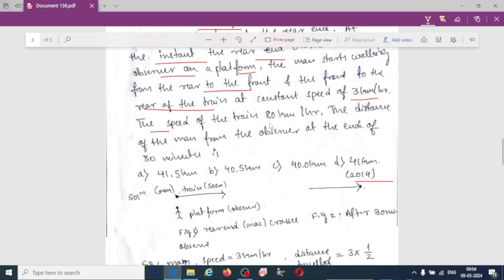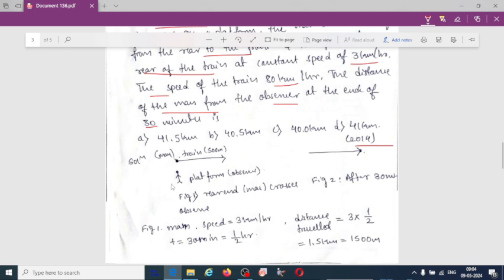The speed of the train is 80 km per hour. The distance of the man from the observer at the end of 30 minutes is. So we need to find out the distance of the man from the observer at 30 minutes.